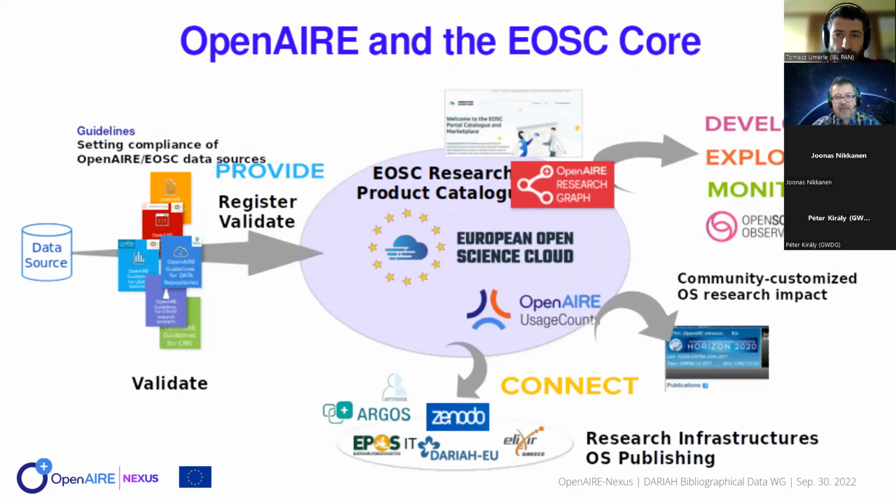It is now one of the parts of the European Open Science Cloud Core, called the Research Product Catalog, which contains all the metadata that I showed before from the data sources that are compliant with the OpenAIRE guidelines and the upcoming interoperability guidelines for EOSC.